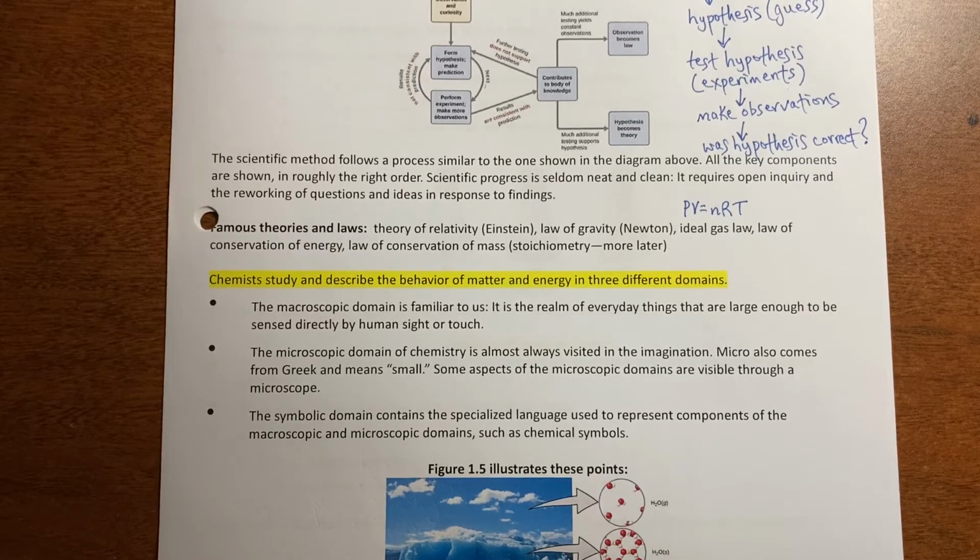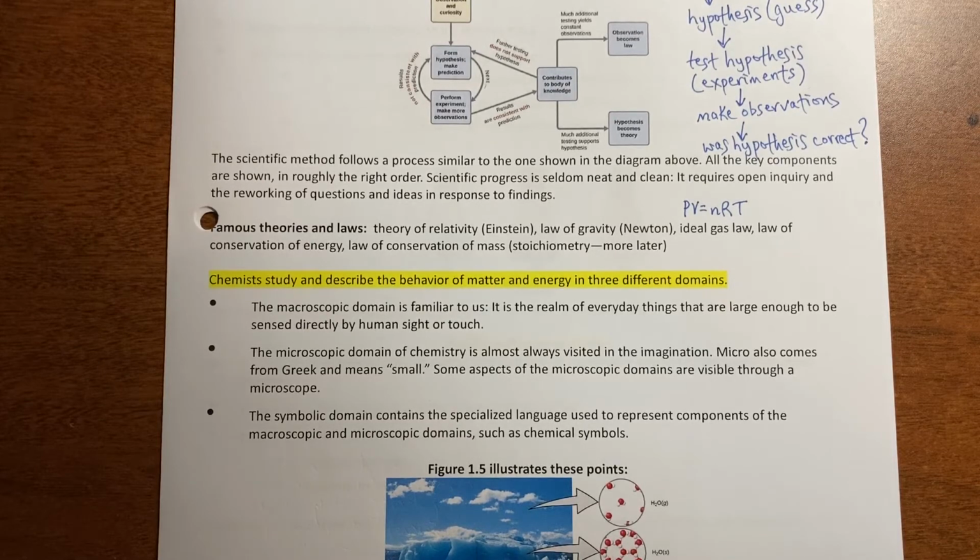Well, all they're really talking about is going from our everyday experience that we see with our eyes down to what microscopes and more sophisticated scientific instruments can see, atoms and molecules, called the microscopic world of cells and atoms and molecules. But in chemistry, we have to have a symbolic way of expressing things.